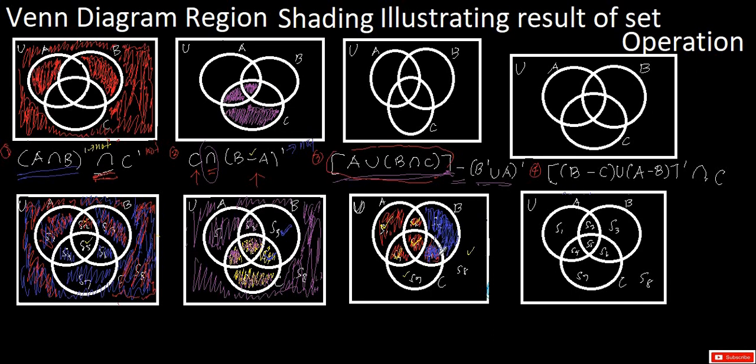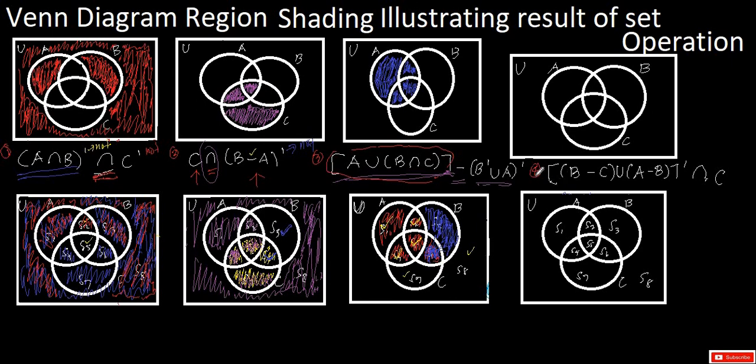So this will be cancelled here. So what regions remain are all the regions of set A. So this is the answer to the problem. This is the shaded region as the result of the operation in number 3. All the regions that belong to set A. Okay.